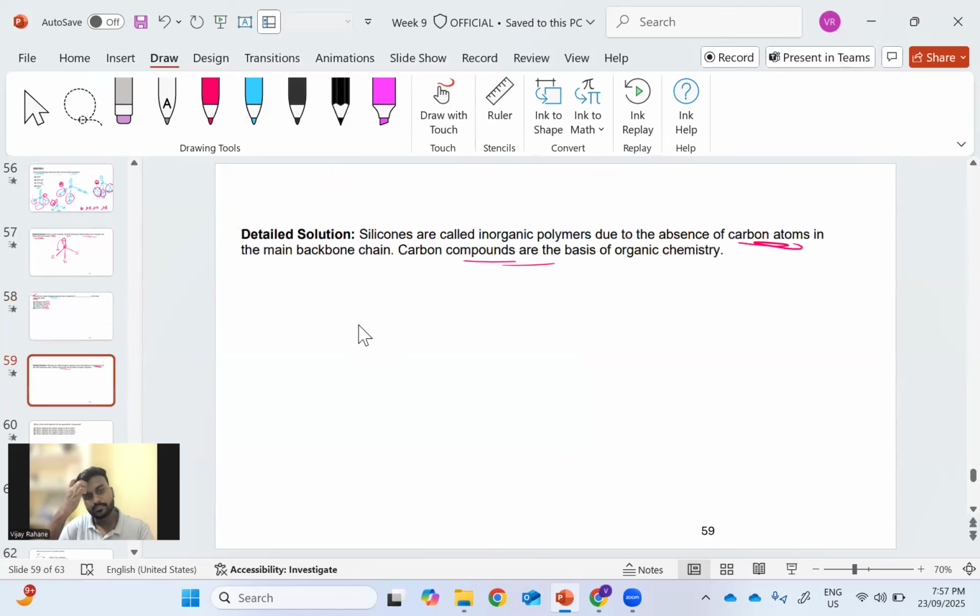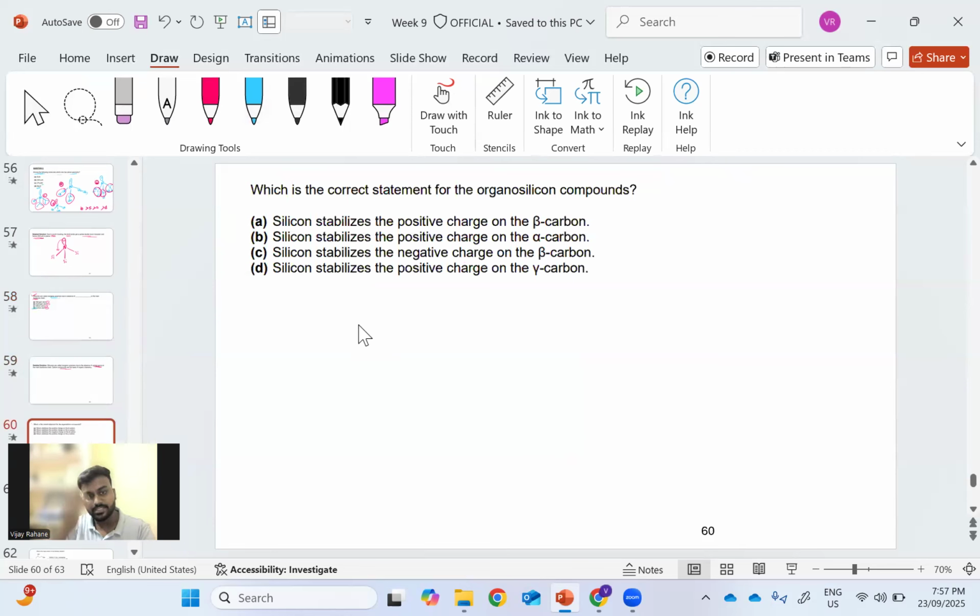Next question is, which is the correct statement for the organosilicon compounds. So the first one is, silicon stabilizes the positive charge on the beta carbon. Silicon stabilizes positive charge on the alpha carbon. Silicon stabilizes negative charge on the beta carbon, or silicon stabilizes positive charge on the gamma carbon.